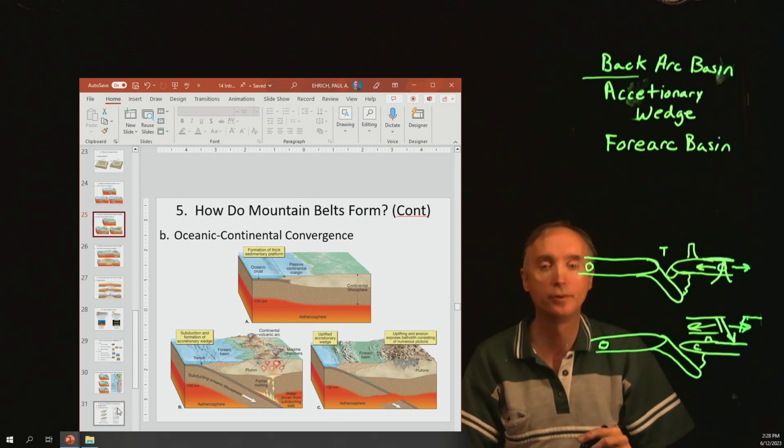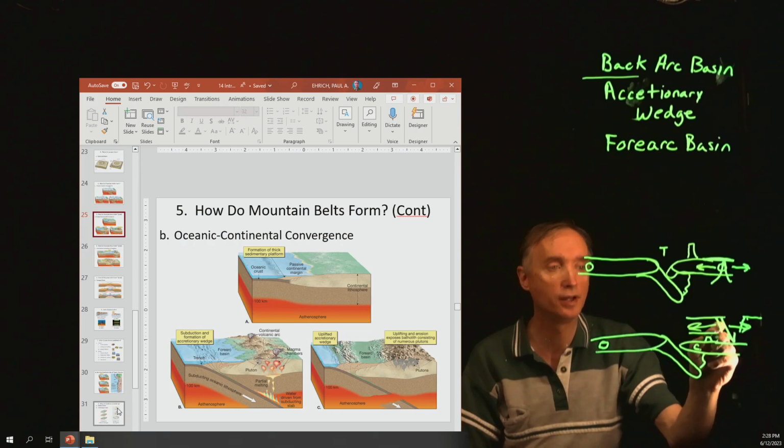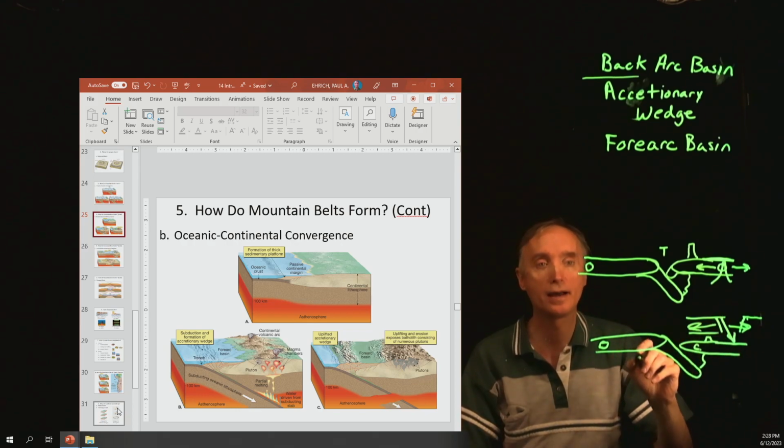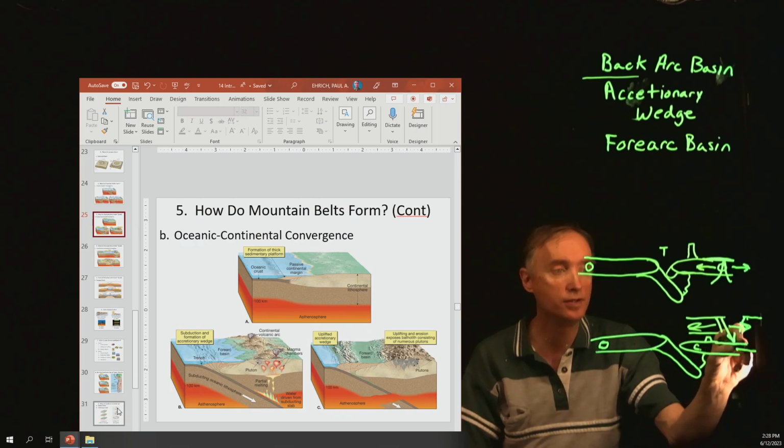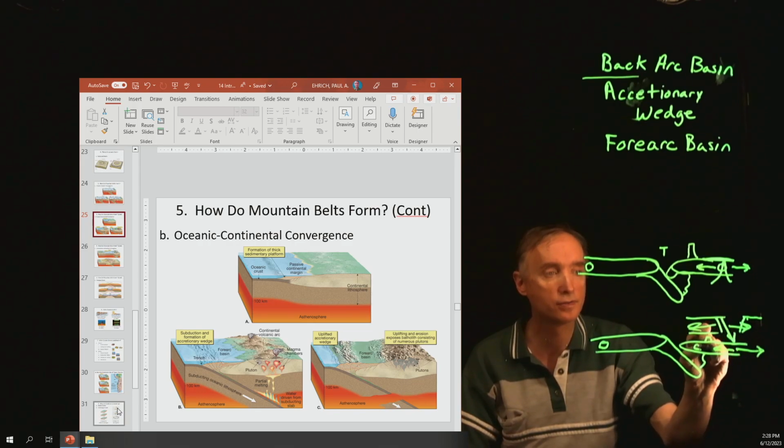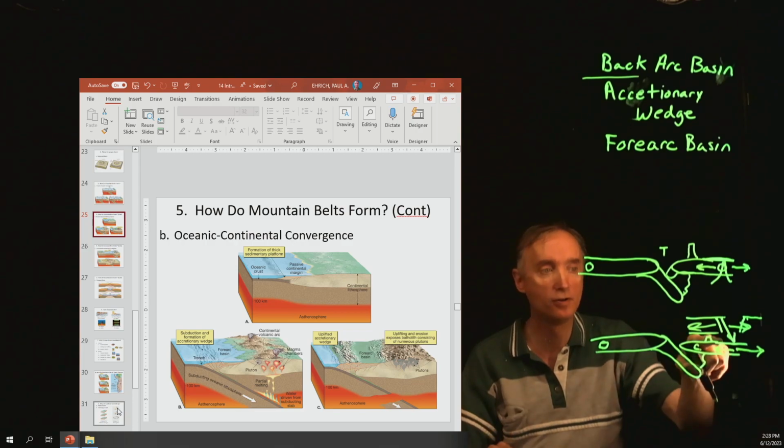What can happen is you could still get a back arc basin back here. So behind this mountain system, these rocks could be stretched like this, and so you could have normal faulting behind the mountain system here.